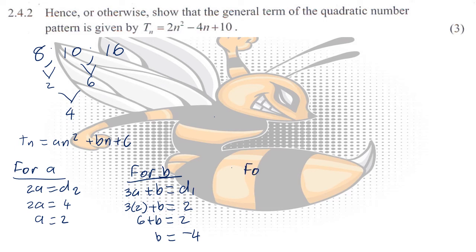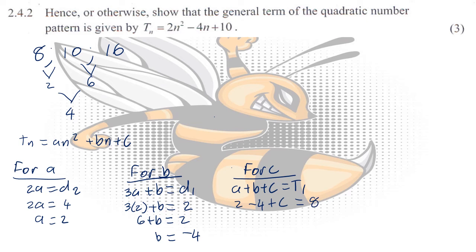Then finally for c, we can say a plus b plus c is equal to term 1. We always use this formula to determine c. We know a is 2, b is minus 4, and c is just c because we're trying to calculate it, and the value of term 1 in this case is 8.